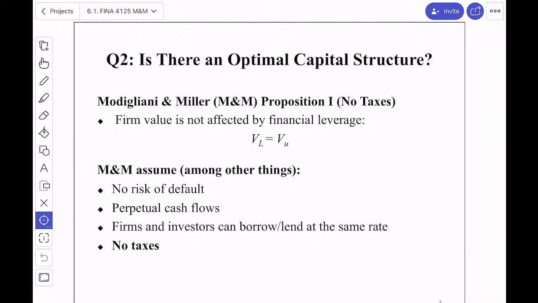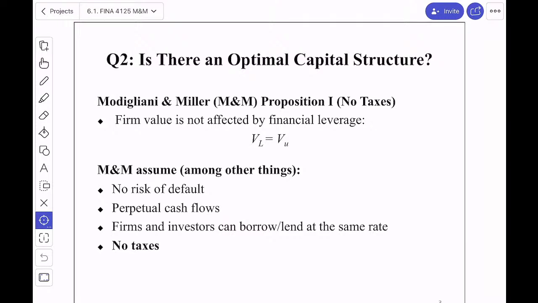So if we remove that risk, and we assume cash flows are perpetual, so we're assuming that the firm exists forever, which we've been doing in valuation. It's a strong assumption, but it's the one that we use.